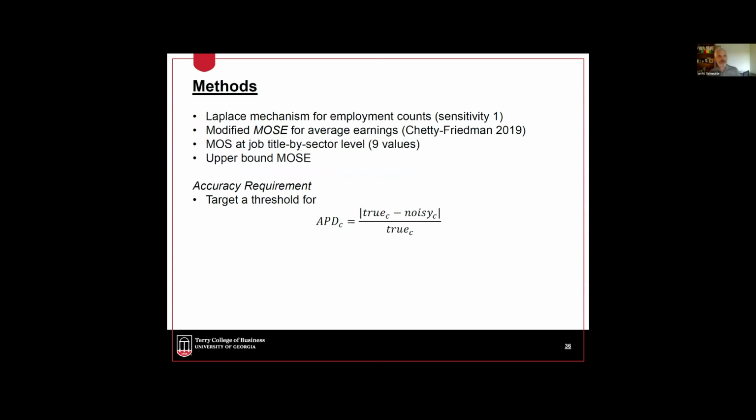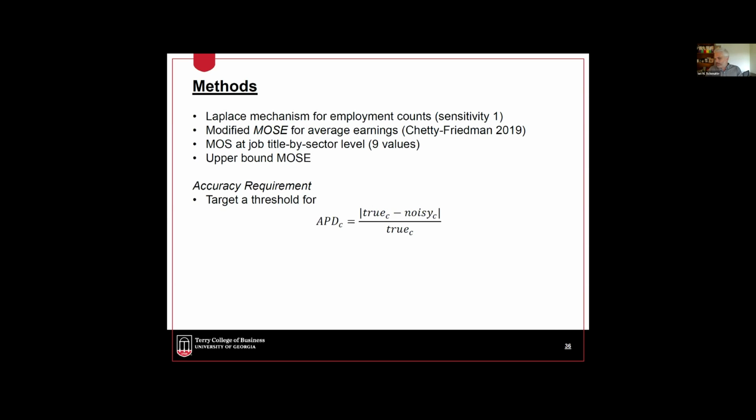So the methods that we use to do this publication: first, we take the Laplace mechanism to generate the employment counts, which have sensitivity 1. We used a modified version of the maximum observed sensitivity envelope to be able to publish the average earnings using the Chetty-Friedman method, where we calculate the maximum observed sensitivity scaling factor at a job title by sector level. And this places another upper bound on the sensitivity envelope.